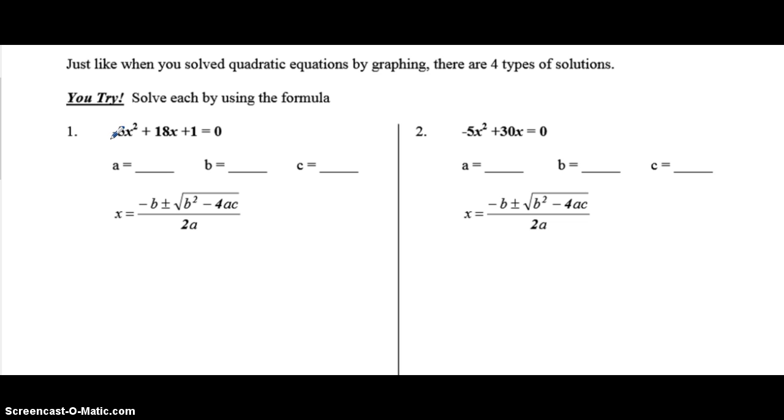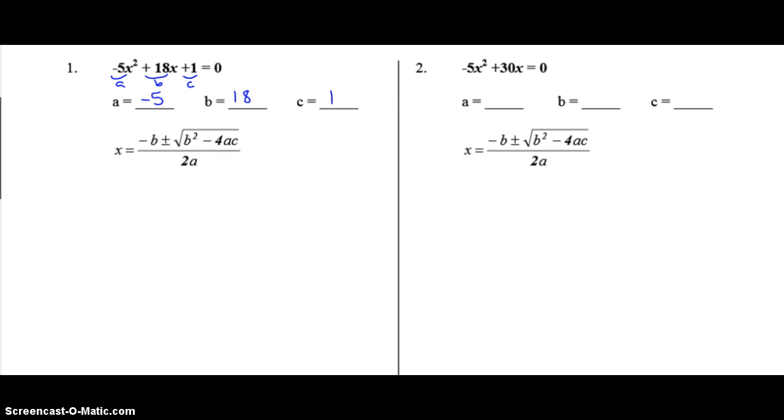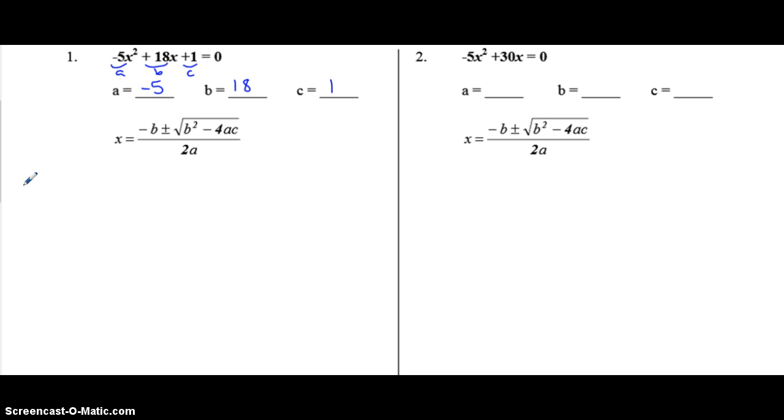So the A is the coefficient of the x squared term, which is negative 5. The B is the coefficient of the x term, which is 18. And the C is the coefficient of the constant term, which is 1. When you substitute that into the equation, you get x equals negative b, so it's negative 18.